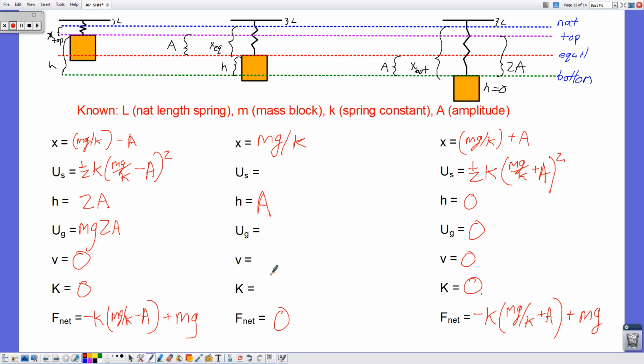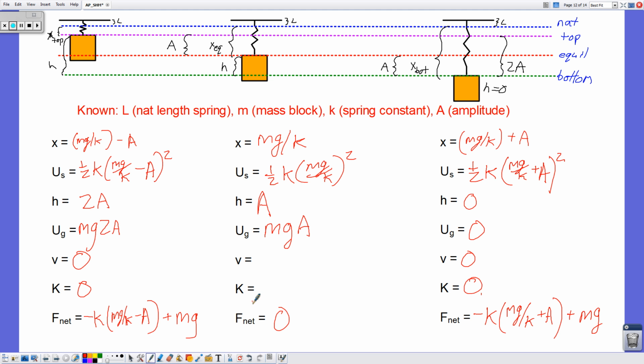Alright, and now we're over here. Elastic potential energy, that's still going to be 1/2 K X squared. UG is still going to be mgh. Speed and kinetic energy. Well, we know what the kinetic energy is, don't we?